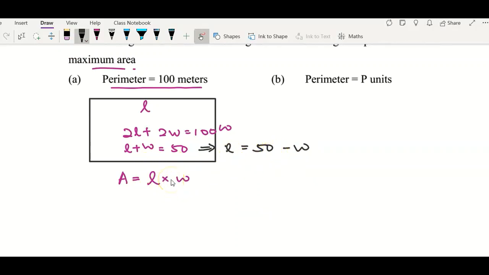You only leave the variable W in your expression. So I find my A by substituting L, which is 50 minus W, so I have 50 minus W multiplied by W. Expand it, you will have 50W minus W squared.